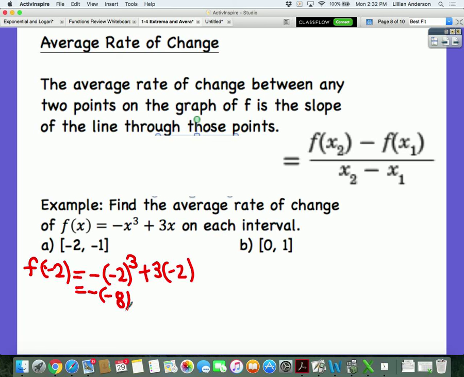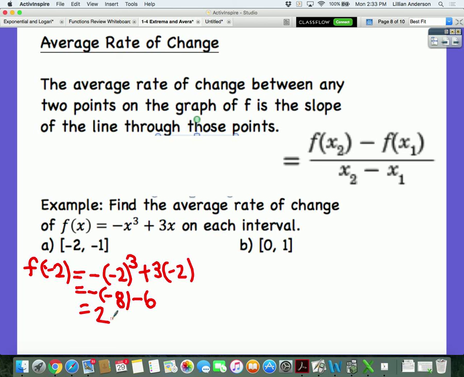Think about -2 times -2 times -2. What's 3 times -2? 2 negatives make a what? Positive. So what is this number? 2.